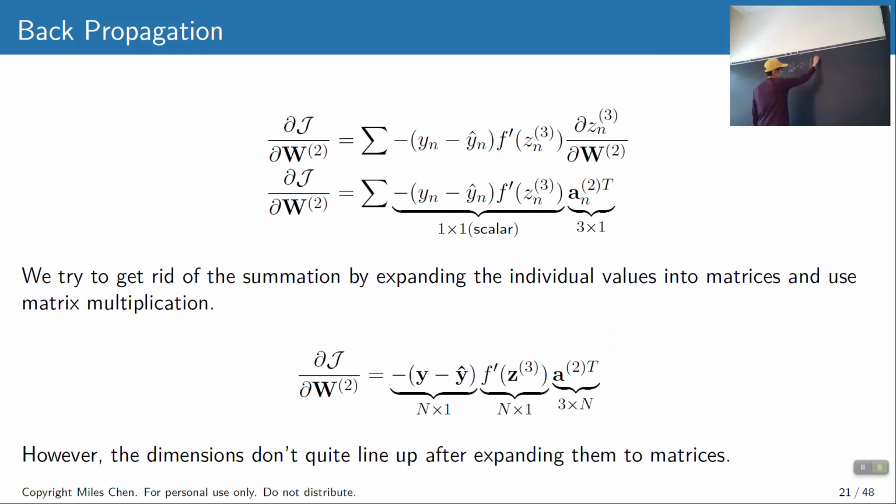Basically, we have a 3 by 1, and so it's observation 1 plus observation 2 plus observation n. Okay, we've got 3 values.